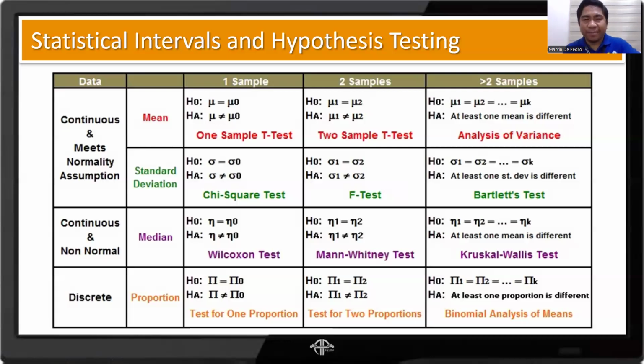So anyway, again, if our data is continuous and we are assuming our distribution is normal, then here are our options if the mean is known. But if the population is known, then here are some other options.